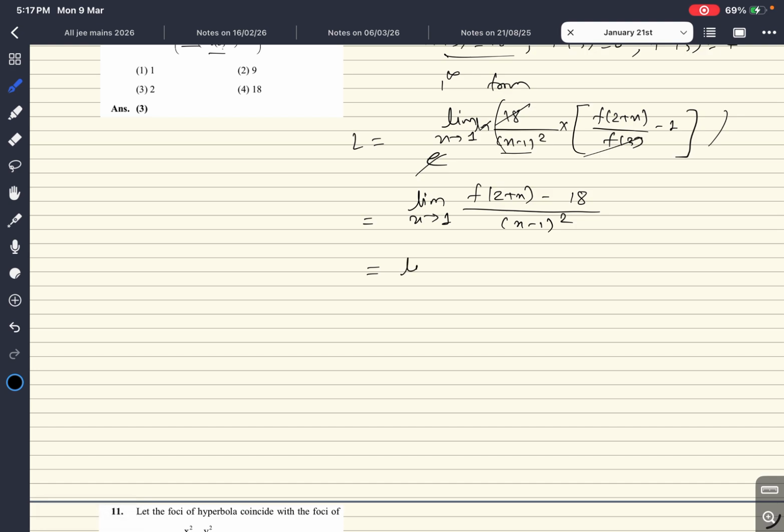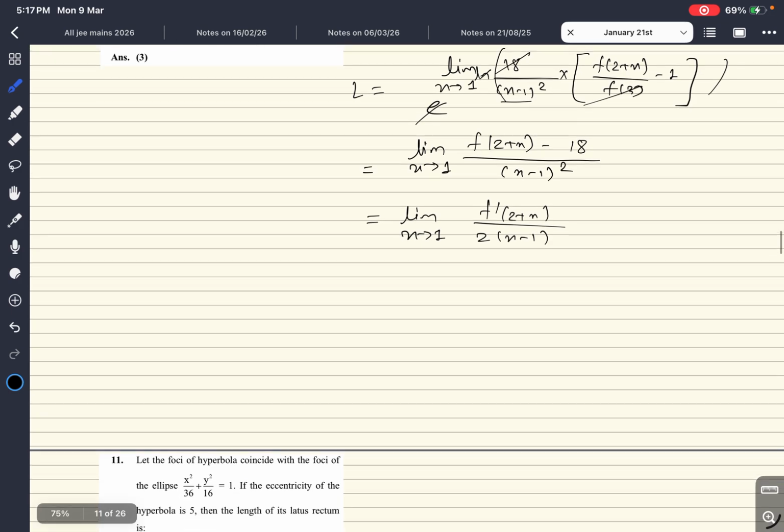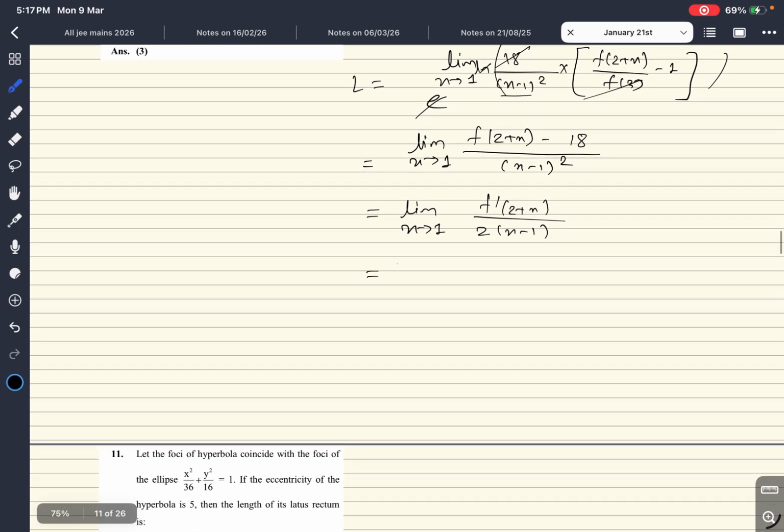Now again you just apply the L'Hospital rule. So f dash of 2 plus x divided by 2 into (x minus 1). Again it is in the 0 by 0 form, so again you just differentiate. Limit x tends to 1, f double dash of 2 plus x divided by 2.